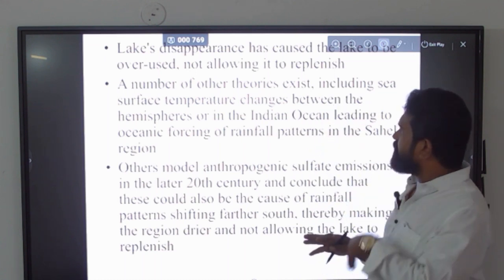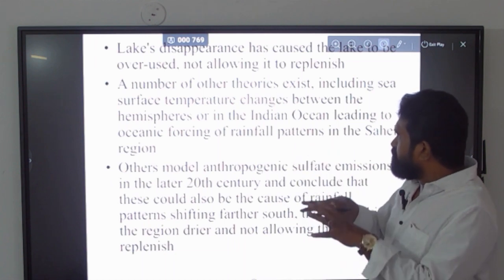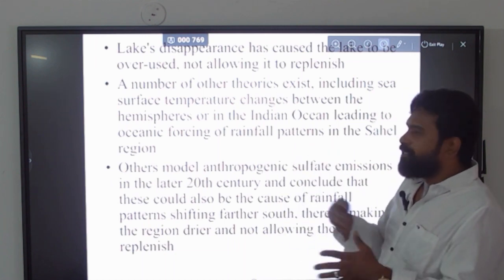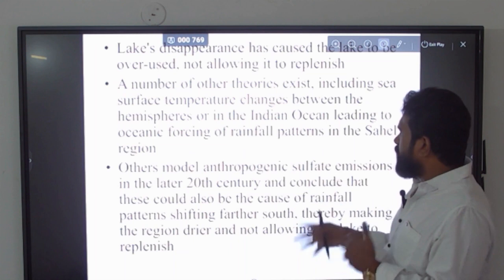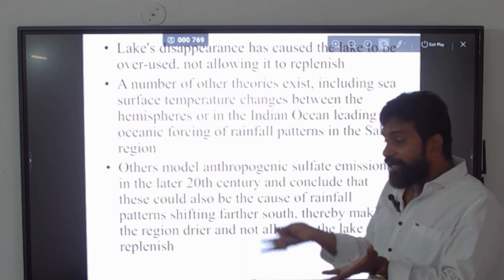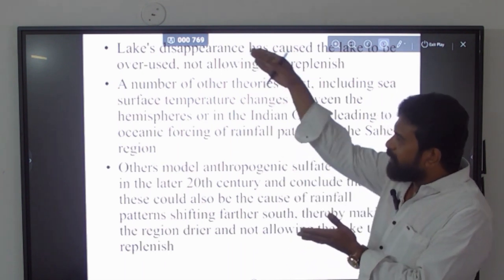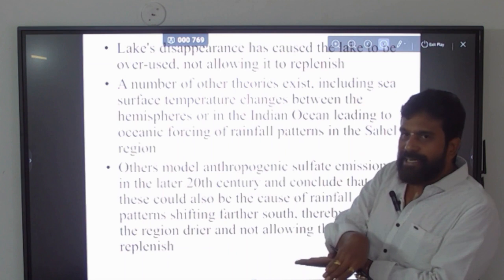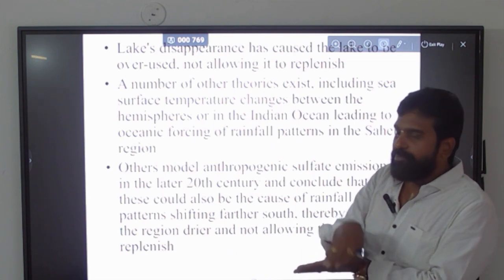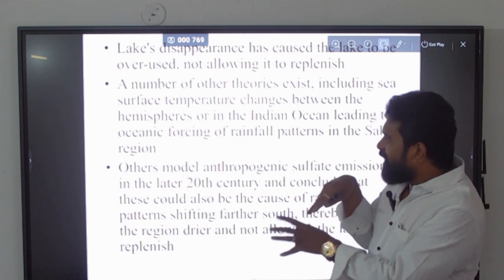Some theories say that the surface temperature is changing in the hemispheres, so there is no rainfall pattern in this kind of region. Already it is in the Sahel region. I told you that Sahel is the transition between desert and Sudan-type climate. So between these you have the Sahel region, and this is a semi-arid region.